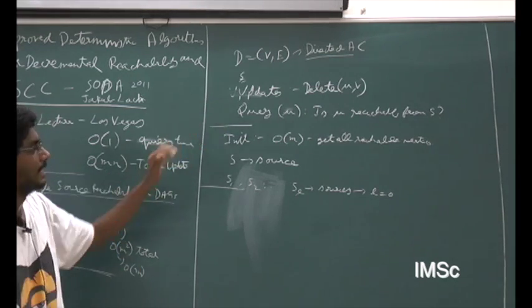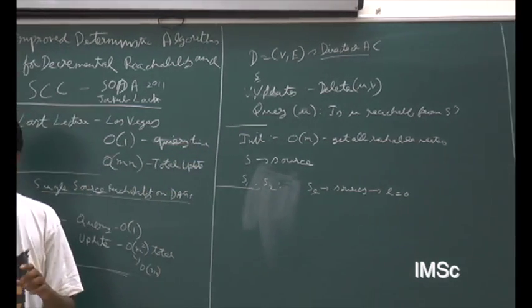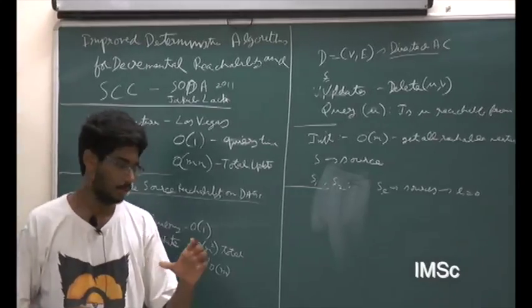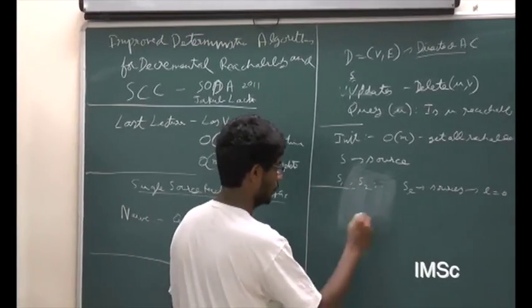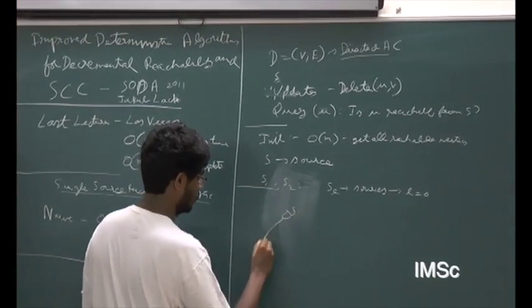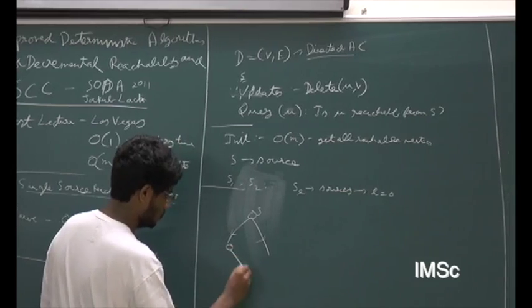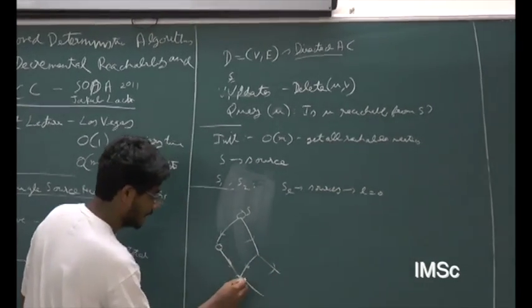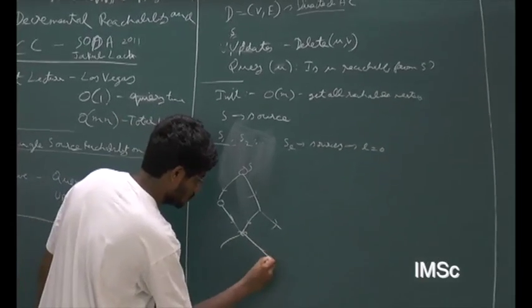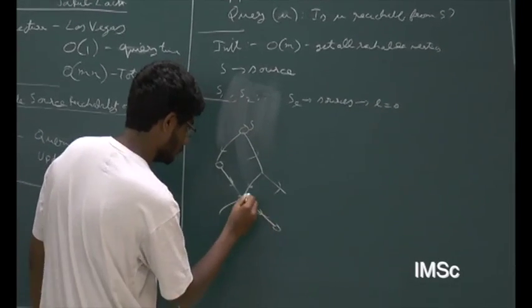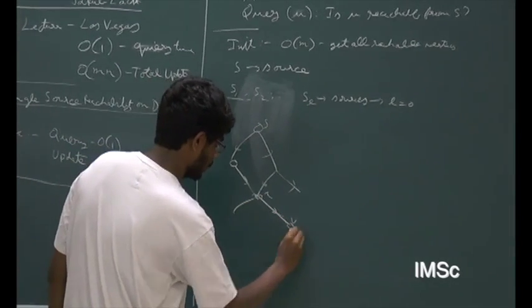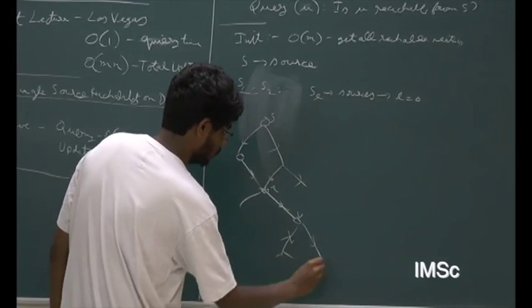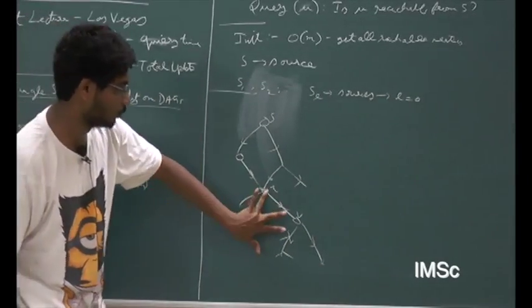Now you delete some edge UV. Suppose I have S, and I delete UV.